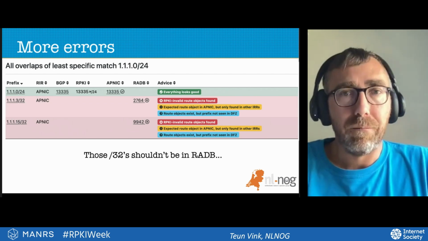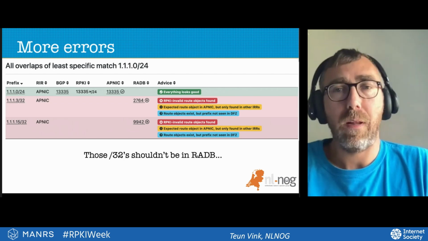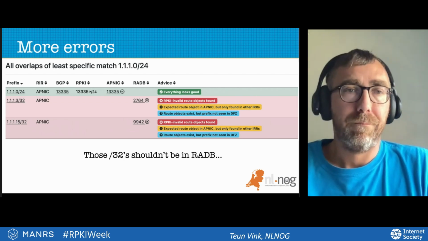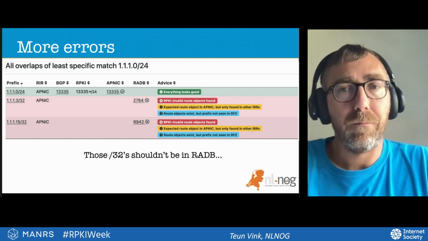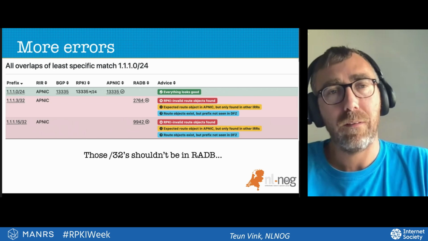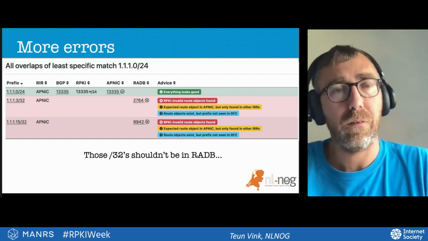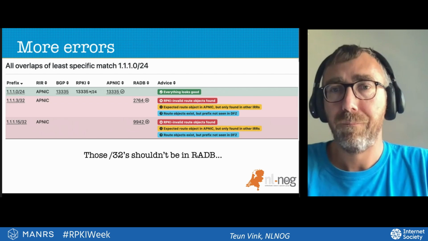In fact, those route objects are RPKI invalid if you would announce it like that. IRRs will also spot that this object is in RADB, even though you would expect an object in the APNIC database, because APNIC allocated this IP space to Cloudflare.